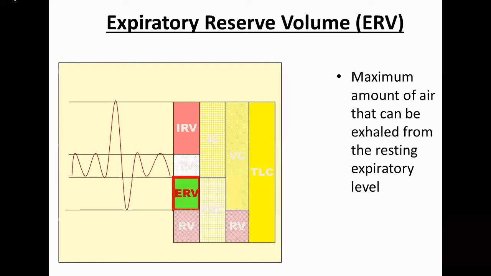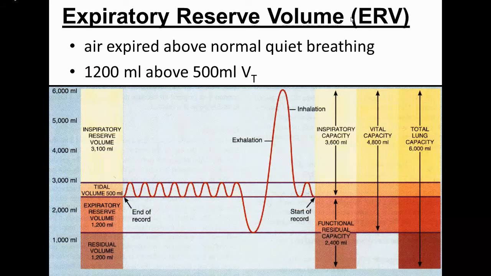Okay, so this is how it is. The air which is above the normal quiet breathing is the expiratory reserve volume. This box is showing you the expiratory reserve volume, which is around 1200 ml. Okay.